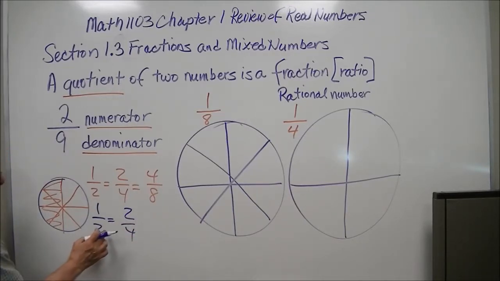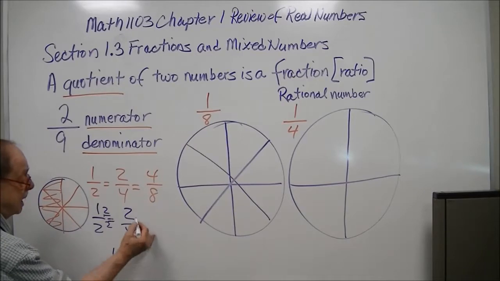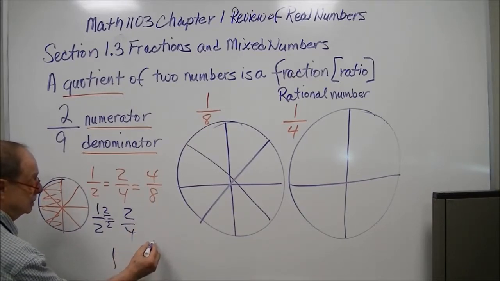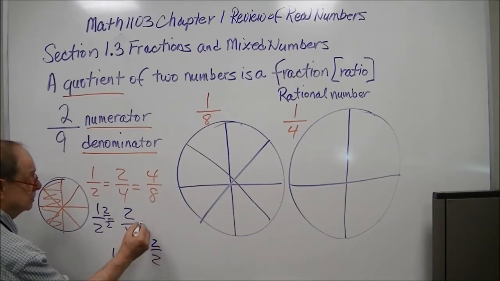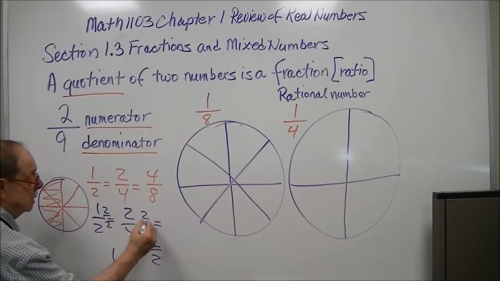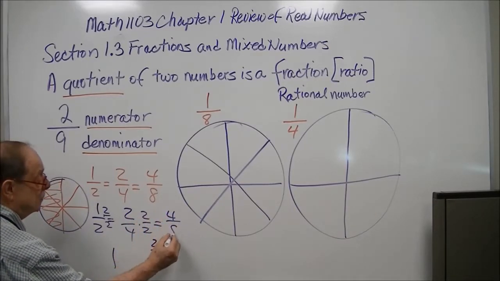Well, we can multiply any number by 1 and it stays the same. But if our 1 is in the form of 2/2, remember 2/2 is 1, we now go 1 times 2, we get 2, 2 times 2, we get 4. If we multiply this by 1 in the form of 2/2, that gives us 4/8.